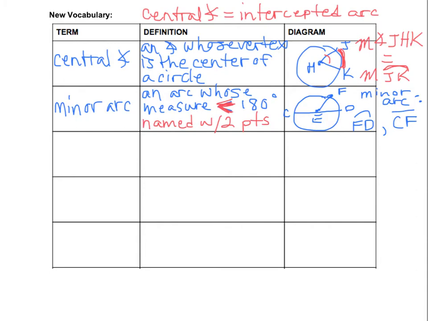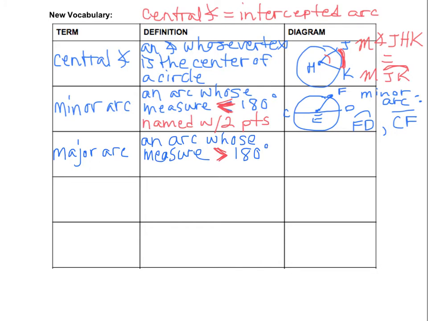The next term we're going to talk about is major arc, and I think you can probably guess. It's the opposite of the definition we just talked about, so it's an arc whose measure this time is greater than 180 degrees.